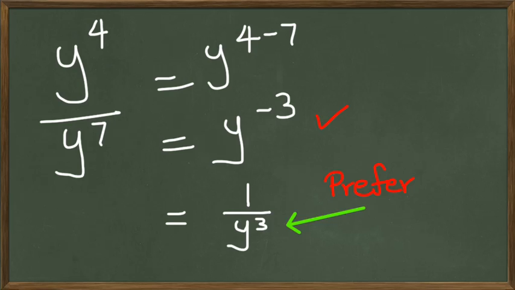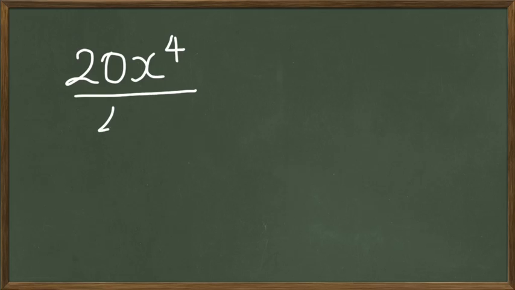Okay, going to do another one. What if we have something like 20x to the power of 4 divided by 4x to the power of 7? Well, now we can start doing things a little bit faster. We know that 20 is 4 times 5, which means we can replace 20 over 4 with 5 over 1.